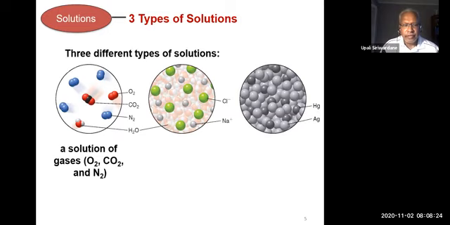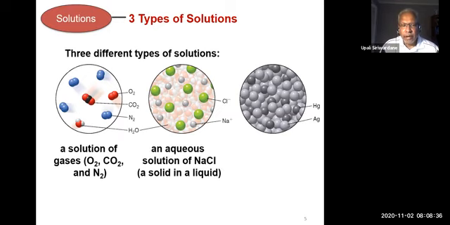An example of a solution of gases is oxygen, carbon dioxide, and nitrogen, like exhaled breath. An aqueous solution of sodium chloride is a liquid solution, and a solid solution is mercury dissolved in silver.